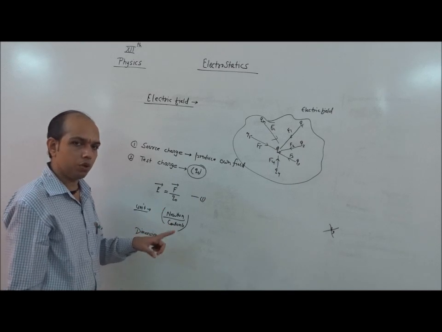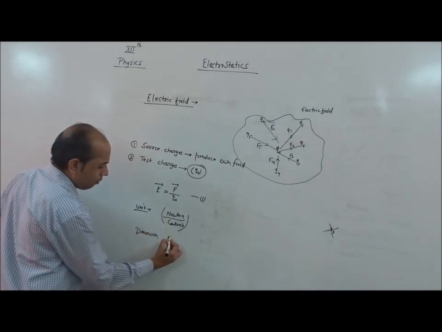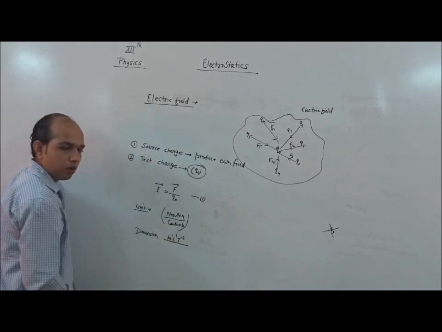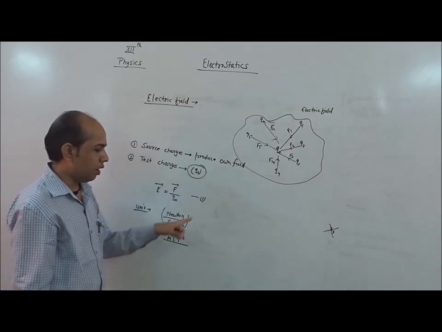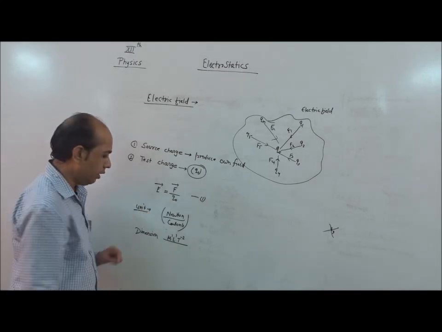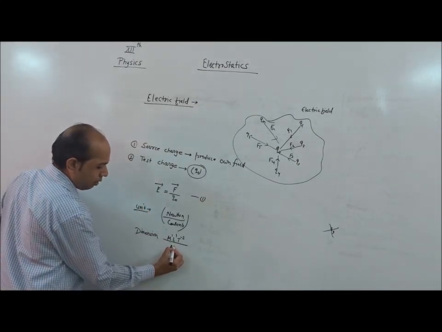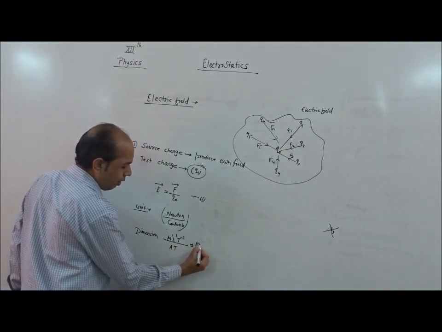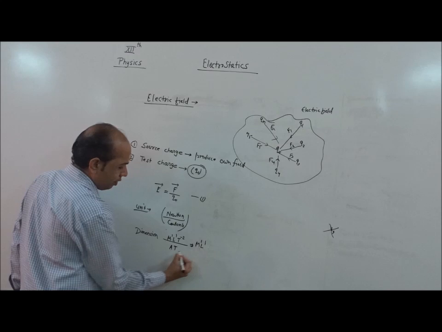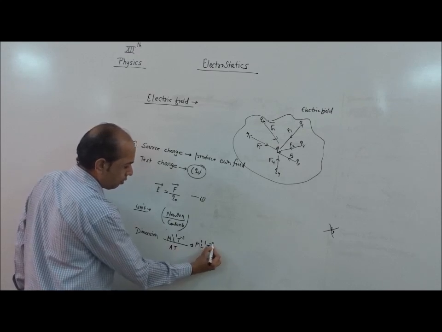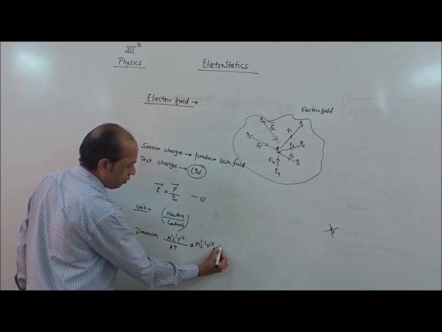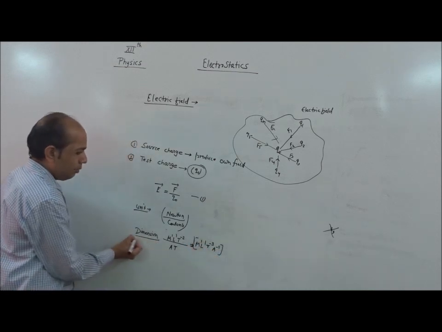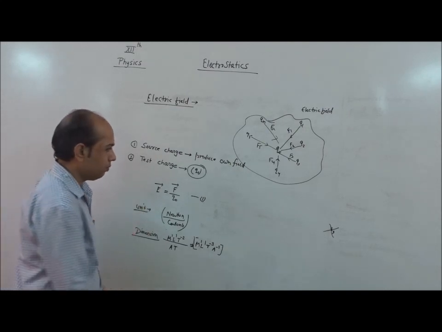Newton is force, so force is M1 L1 T minus 2, and Coulomb means ampere into second, as we calculated previously, represented by A into T. If we simplify it, we get M1 L1 T minus 3 A minus 1. So this is the dimension of electric field.